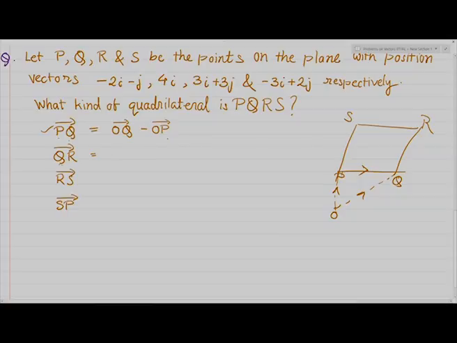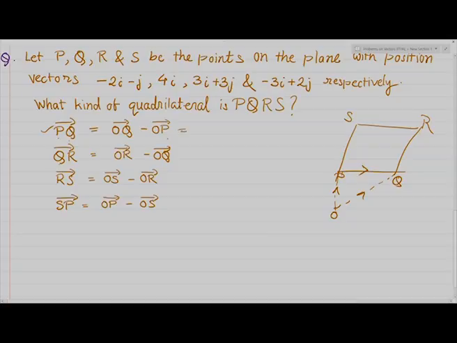Same thing we can write for this. So initial point is Q, so you have to subtract the initial point, and terminal point is R, so you will add the terminal point. So this is a quick fix for this. So OS bar minus OR bar, and SP bar will be OP bar minus OS bar, correct.